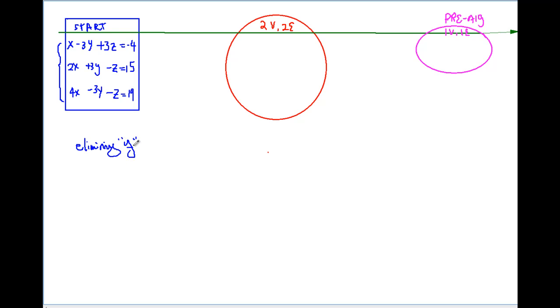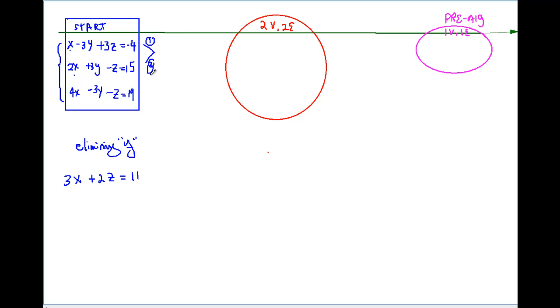It could be the laziest choice almost. I can choose to eliminate other variables, say x or z, but x and z are a little more work for me, because here, if I add 1 and 2, my 3y and the negative 3y will cancel out very nicely. So y would end up with this equation if I deal with 1 and 2.